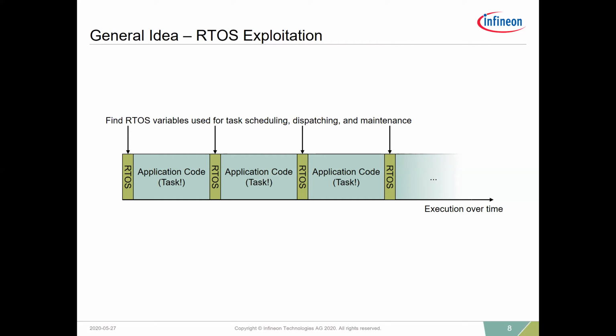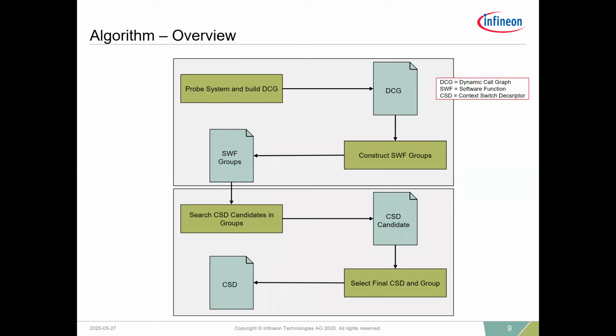The algorithm is split into two main phases. The first is the probing phase. I will go into detail on each phase soon, but as an overview, the probing phase just probes the complete system to see what is going on there, so what can we expect. From this, we derive several groups of functions that might be a task set.